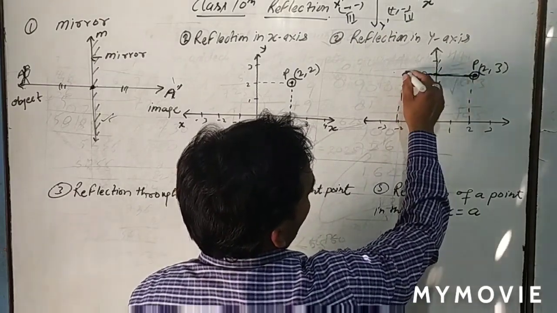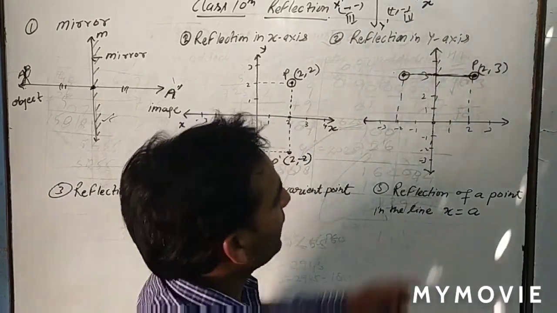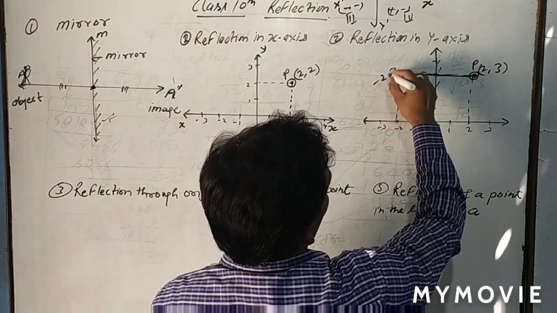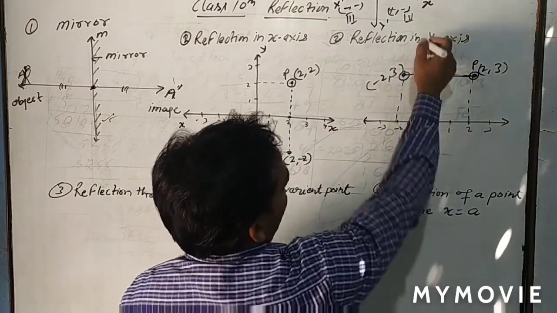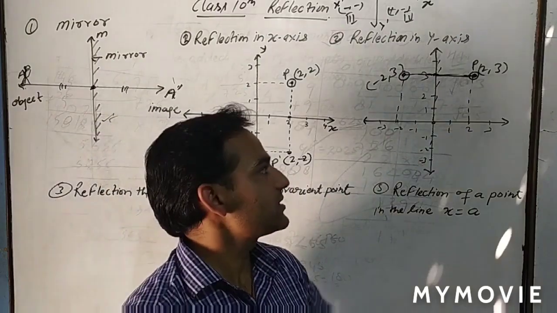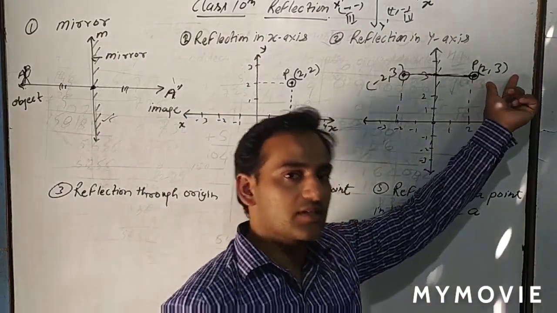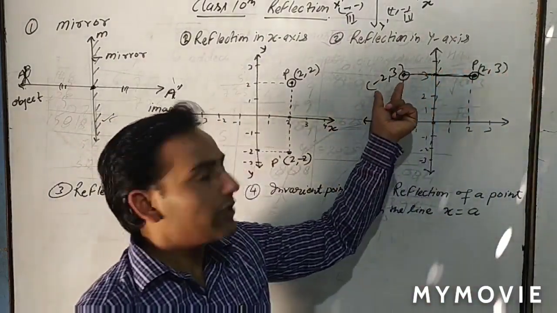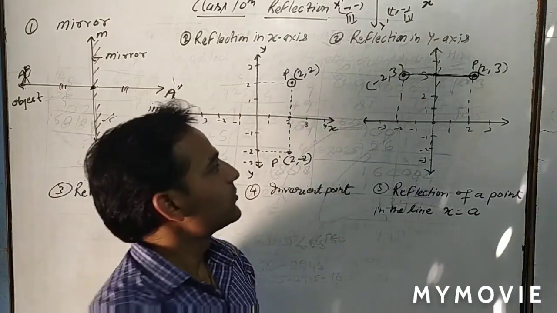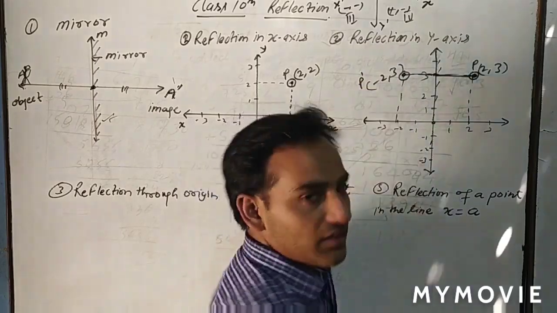Distances will be the same. So this point is the reflecting point on the y-axis, and this point is going to be minus 2, 3. See, this is minus 2 and this is 3. So after reflection in the y-axis, if any point x, y is there, the reflecting point will be minus x, y. See, minus 2, 3. So this is P, and this is P dash.